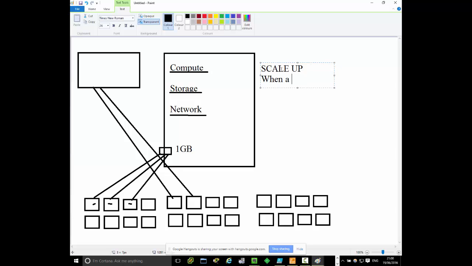Scale up is when a single request, and I intentionally highlighted single requests. So in other words, it's not just the amount of clients that are coming.